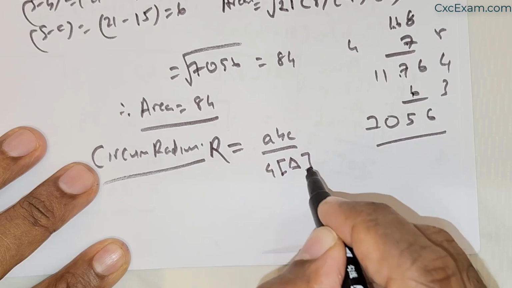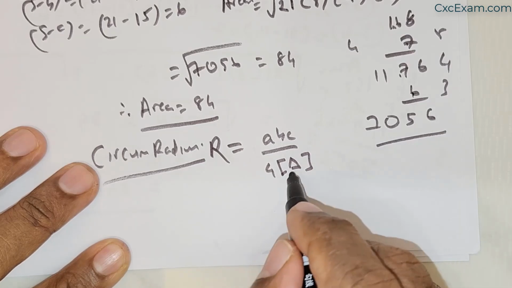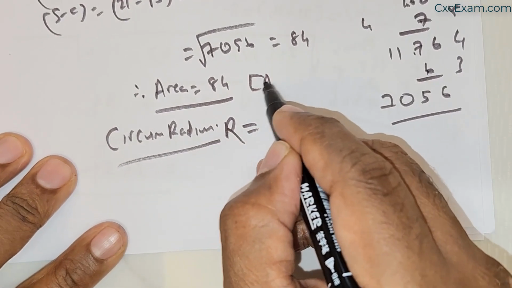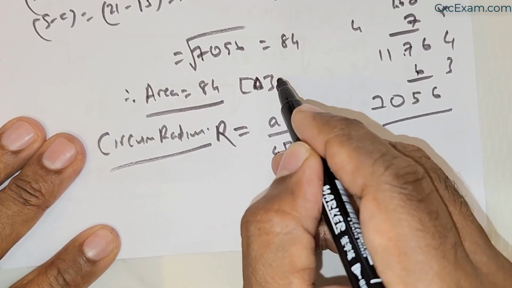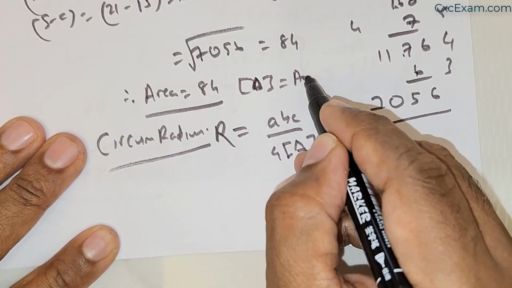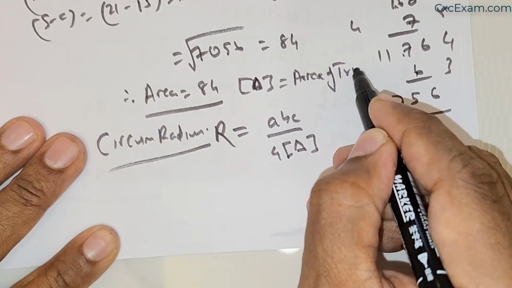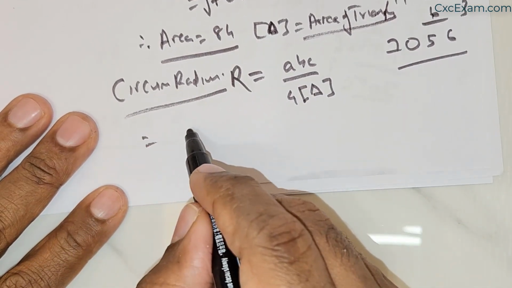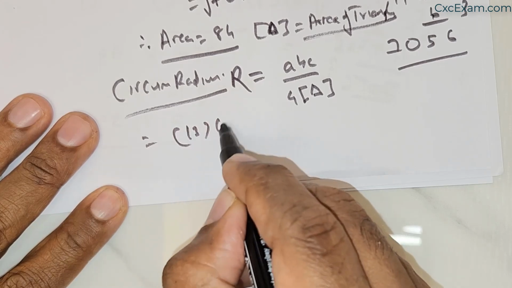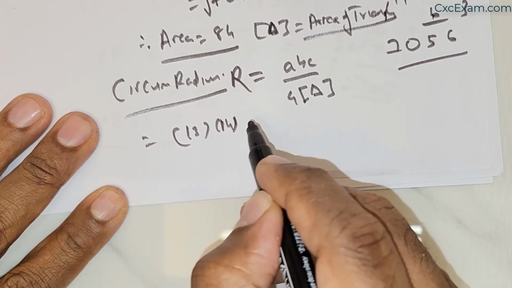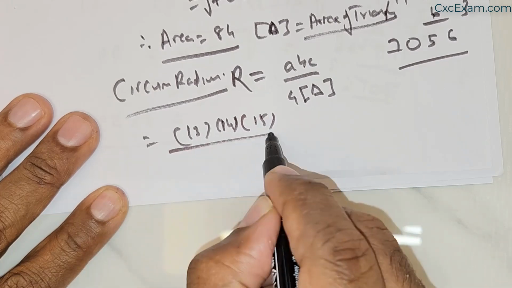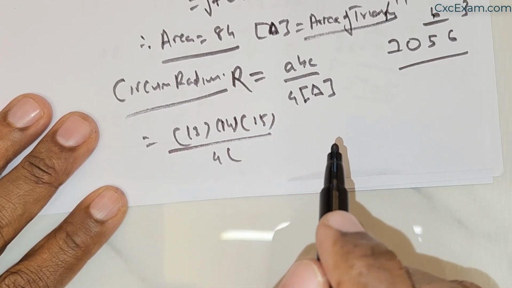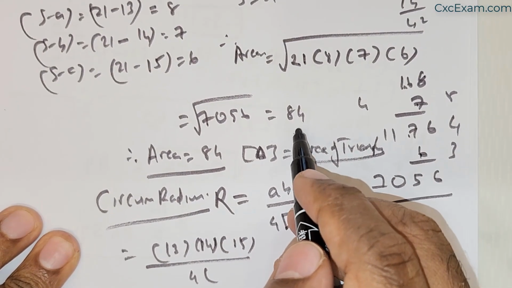I'm going to use symbolic representation like this: I place a triangle within square brackets, and this means area of triangle. So this formula will be used. A is 13, B is 14, and C is 15, divided by 4 times the area, which is 84 square units.